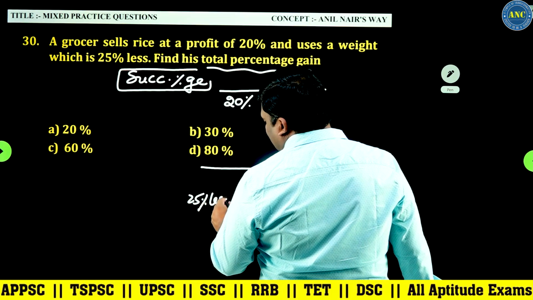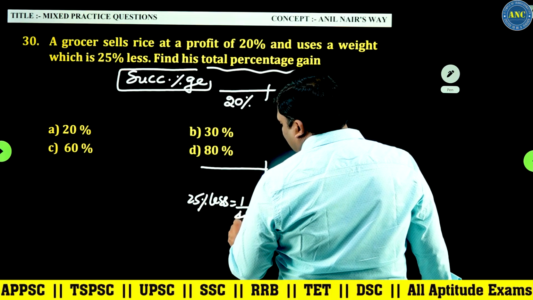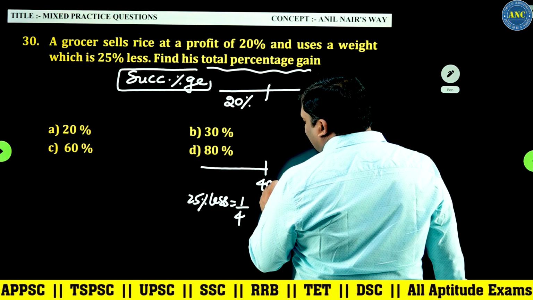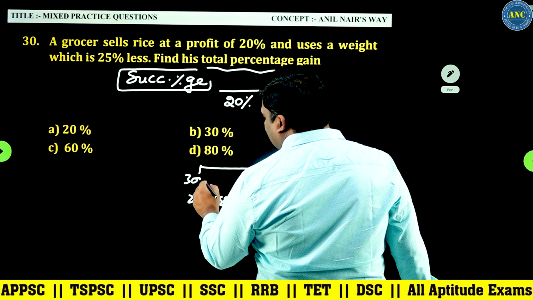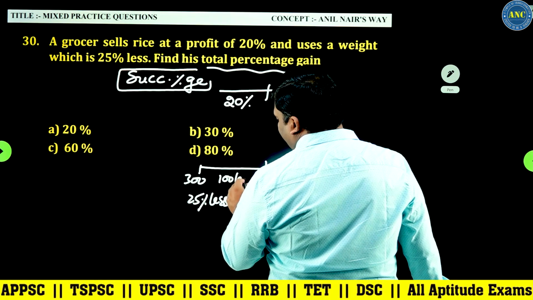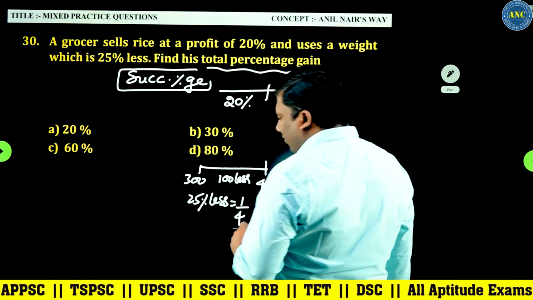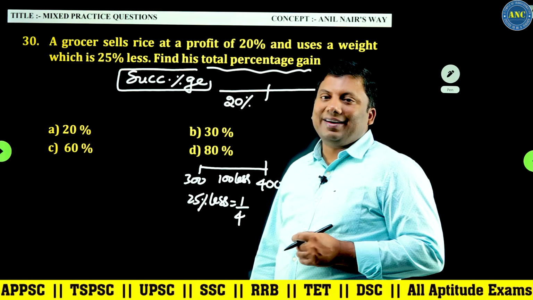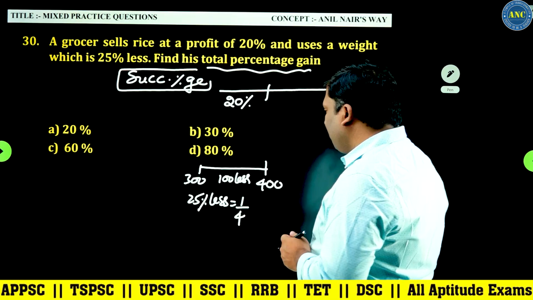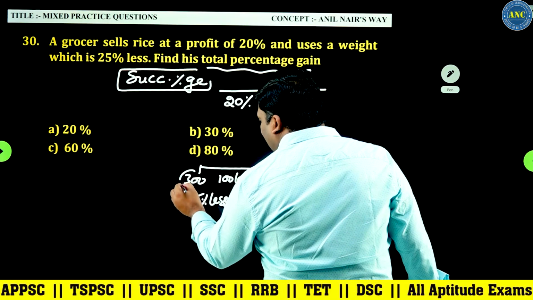25% less is 1 by 4 less. That means actual weight is 400. It will show 100 less. That means 300. Actual weight is 400. It shows 100 less. That means 300. That means he invested the money on 300.